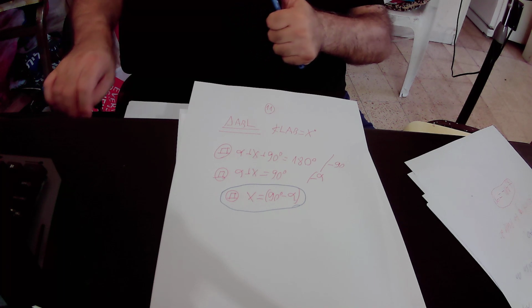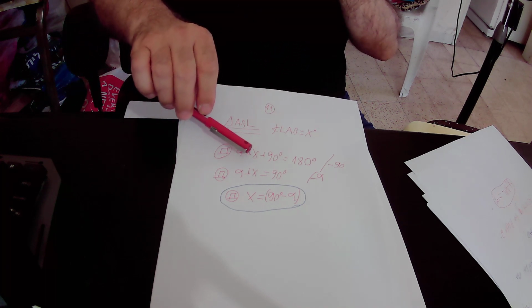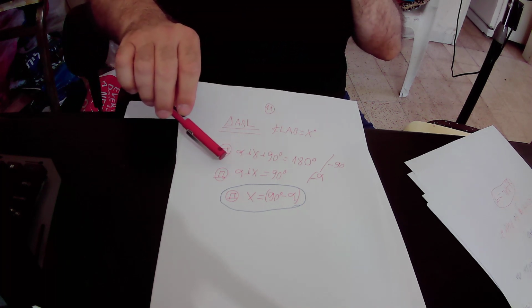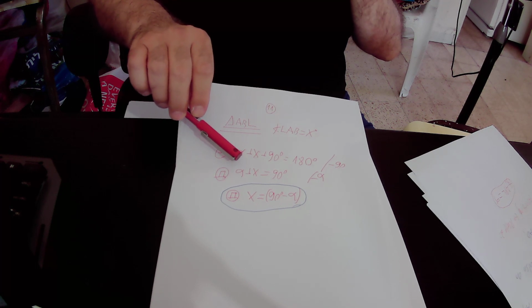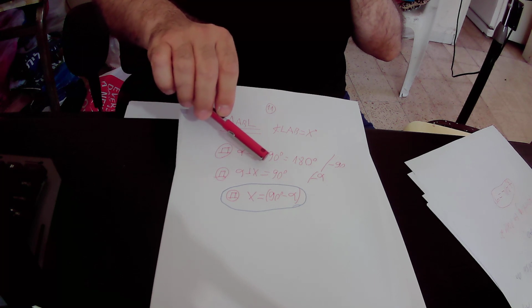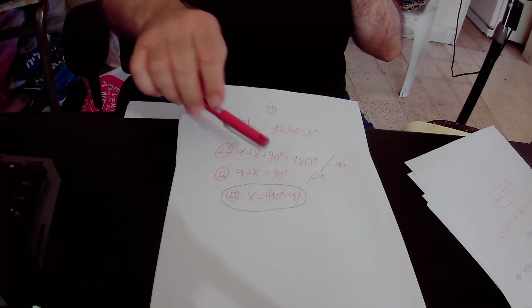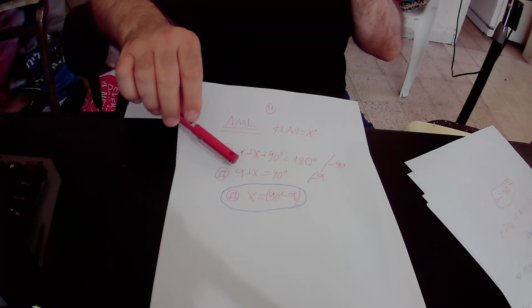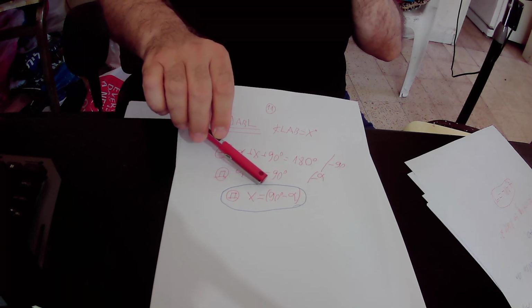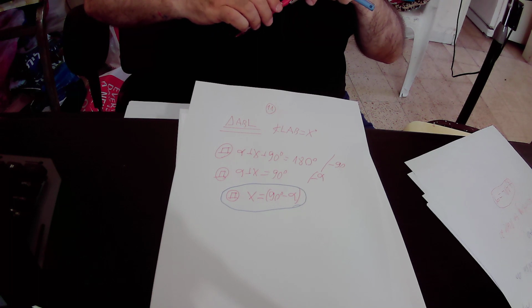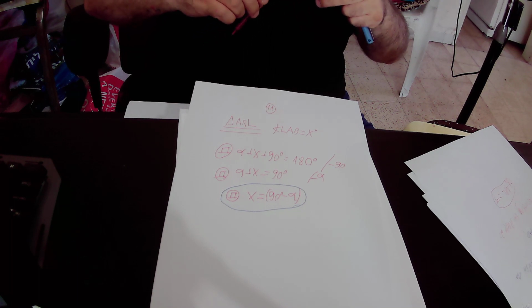So we subtracted alpha from this equation. Alpha plus x minus alpha equals x, and 90 degrees minus alpha stays 90 degrees minus alpha. So we got that x equals 90 degrees minus alpha. This is our second equation.